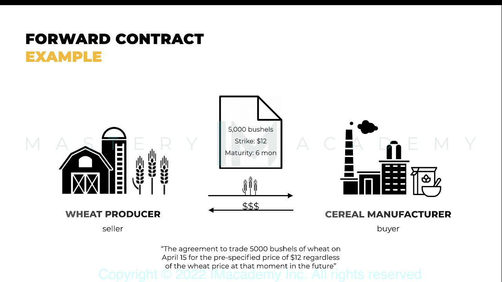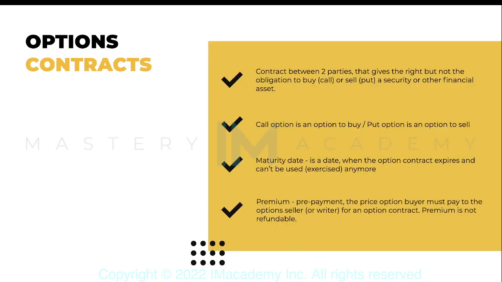But again, as we talked before, this is a zero-sum game, because if the price of wheat goes up or down during the next 6 months, one of the parties will end up losing their potential gains or overpaying for the product that they could purchase at a lower price. So let's talk about the next one to see how this can be overcome, and how both parties' interests can be taken into account. Now let's talk about option contracts.